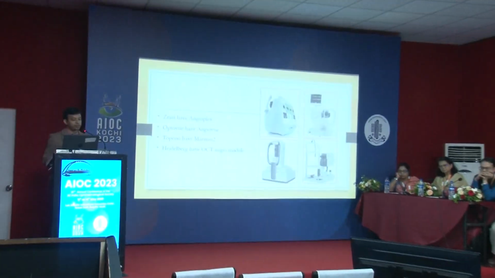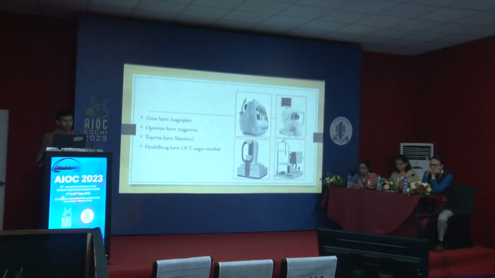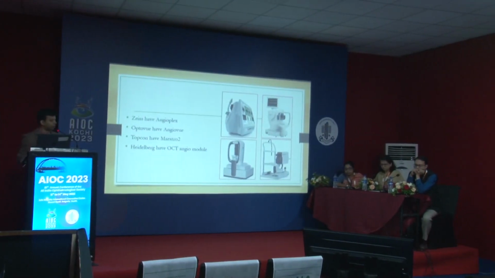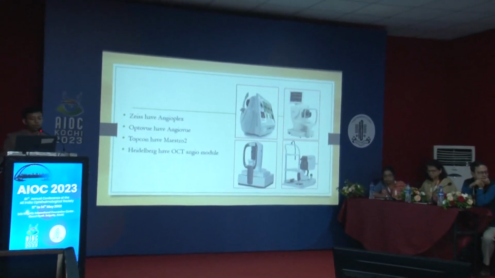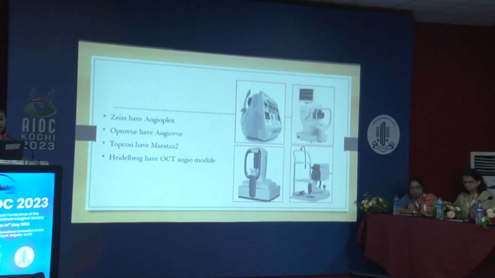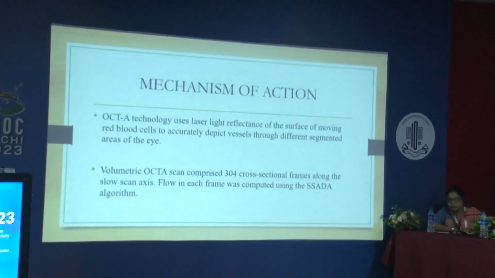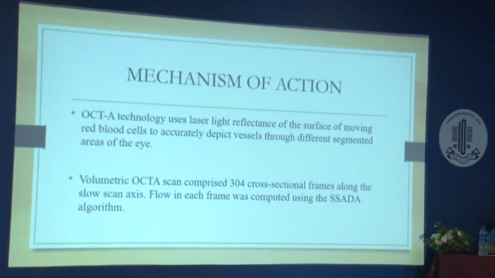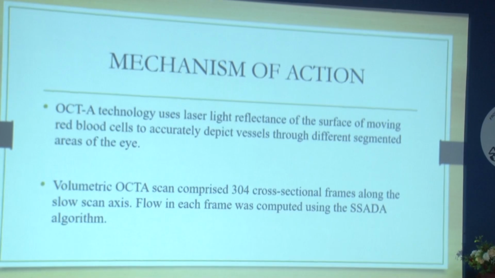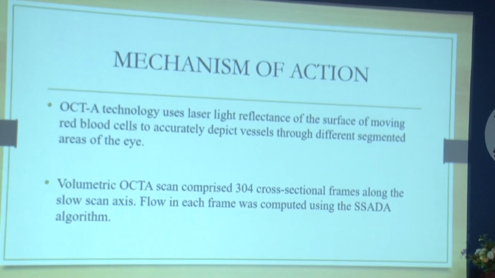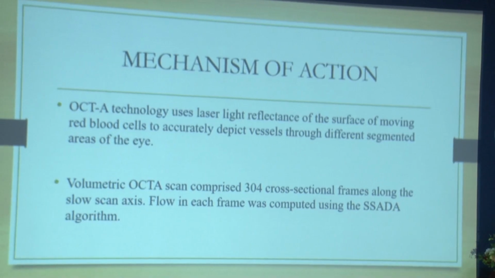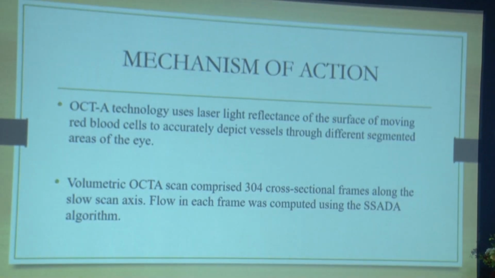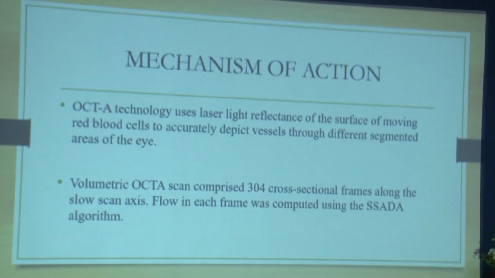These are the Octa machines. All the companies have their own version of Octa. Zeiss have Angioplex, Optoview have AngioView, Topcon have Maestro 2, Heidelberg have their own OCT angio module. So how does Octa work? Octa uses a low coherence laser light reflectance, and it images the moving blood cells in the vessels.